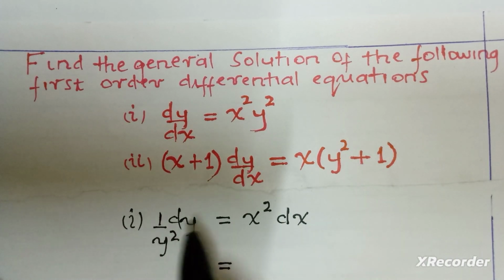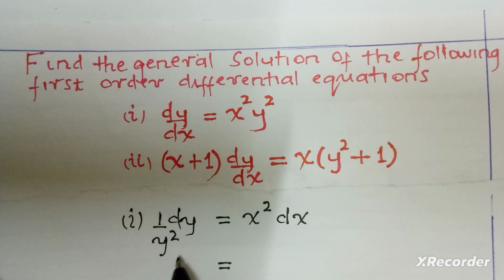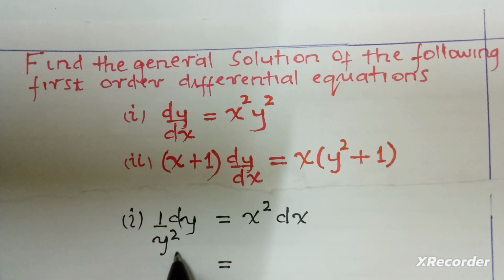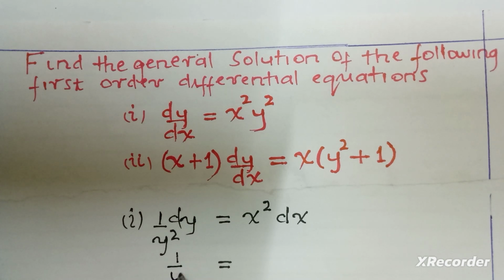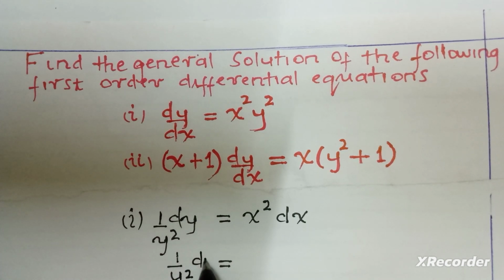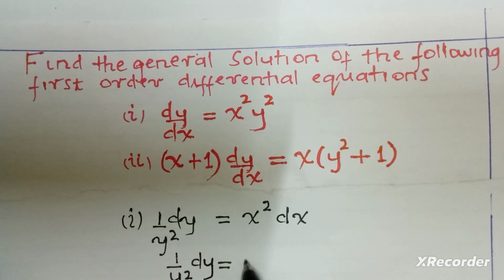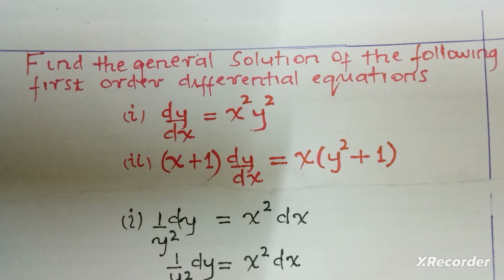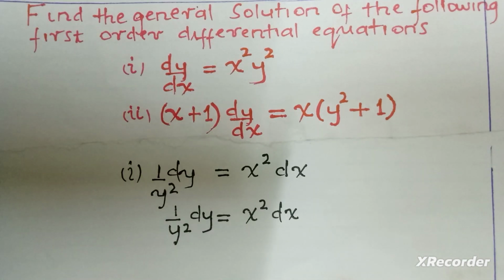So on this side we shall put the integral. First of all, let me just write it the way it is: the integral of 1 over y squared dy, and on the other side the integral of x squared dx, like that. So now guys, I can integrate this side.